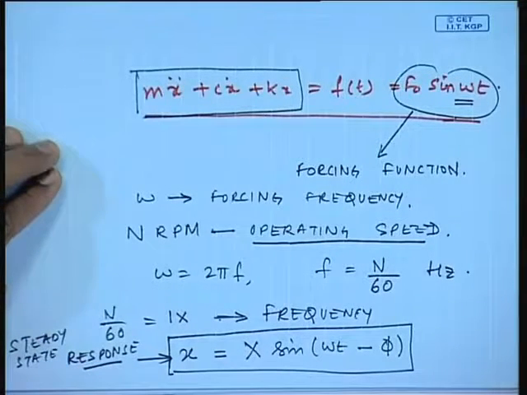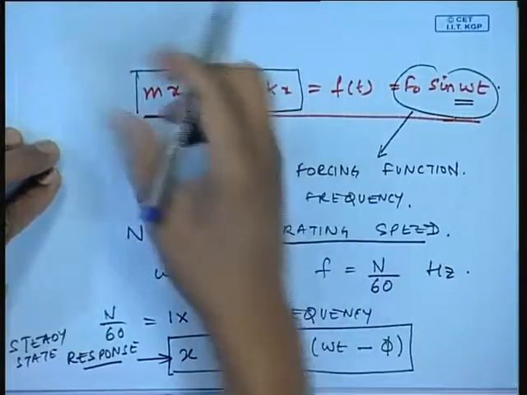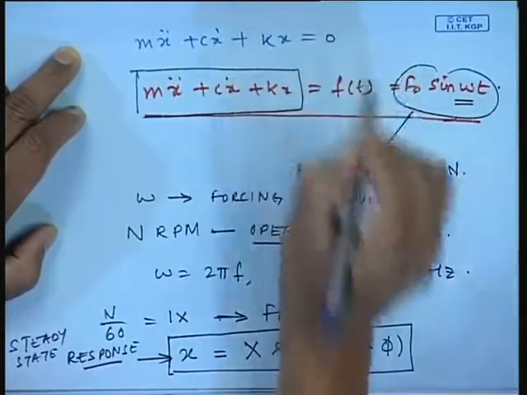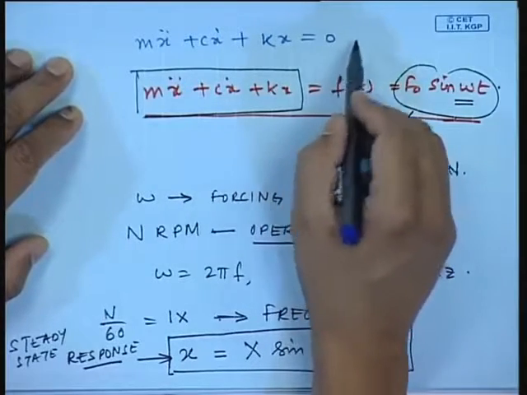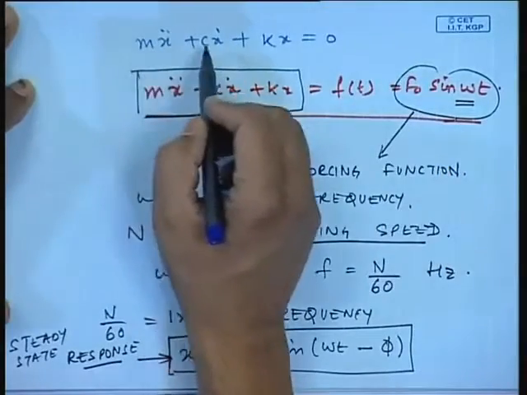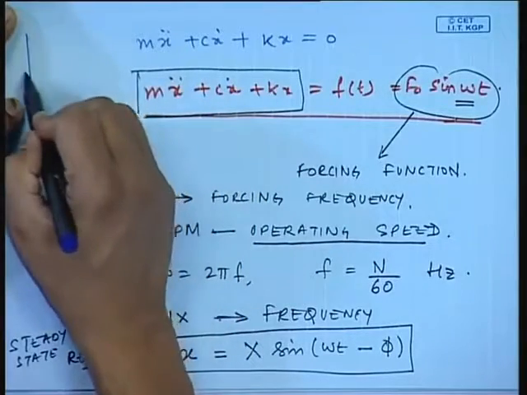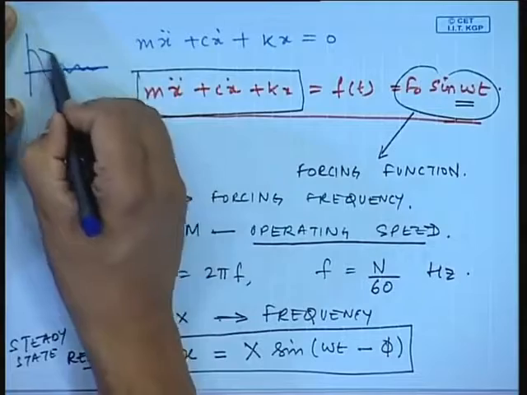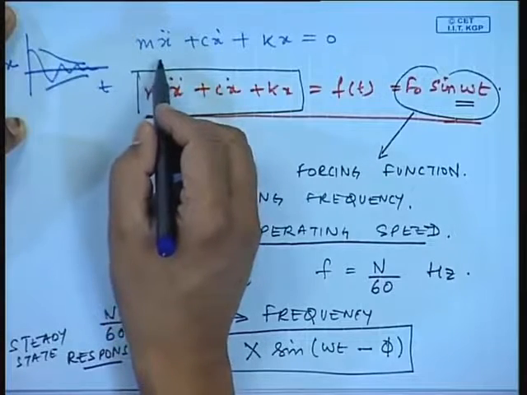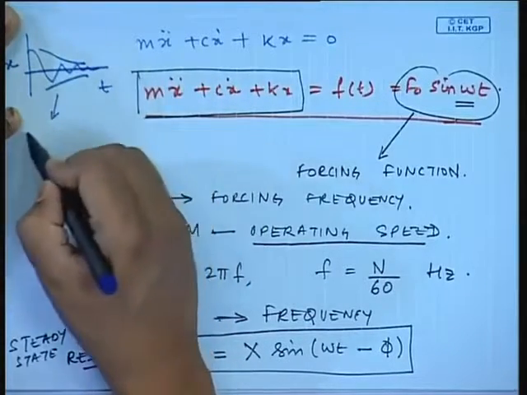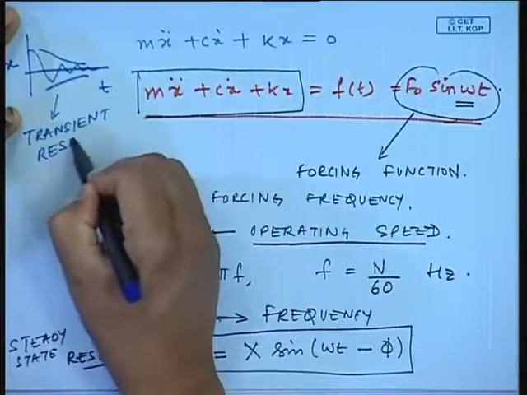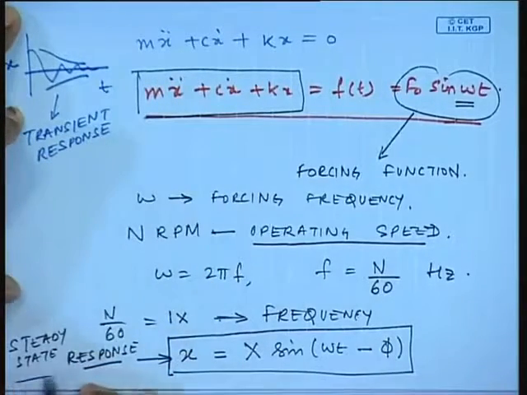But if there was a small disturbance to the system, it would have certain oscillations which would damp out because of the damping present in the system, and such a response is known as the transient response, as opposed to the steady state response which I have written here.